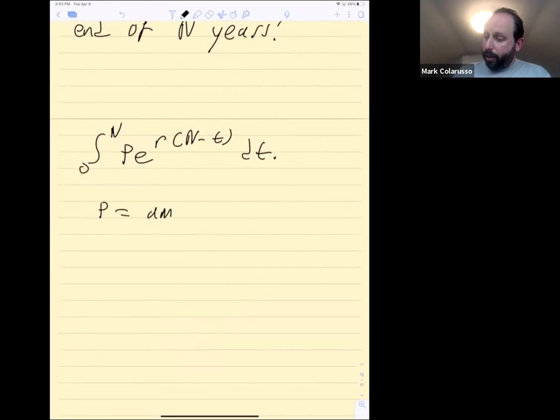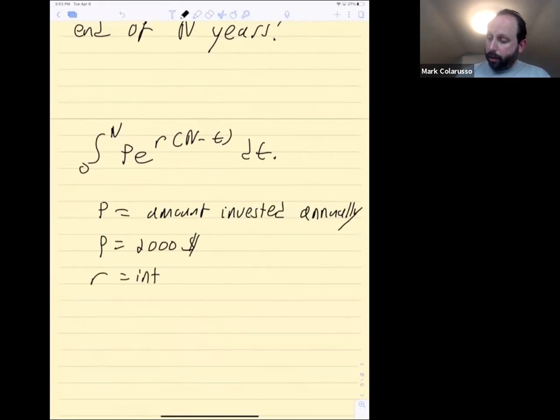P is the amount invested annually. So in our example, we have P is $2,000. R is the interest rate. So that's 6%, so we have to convert that into a decimal, so it's 0.06.